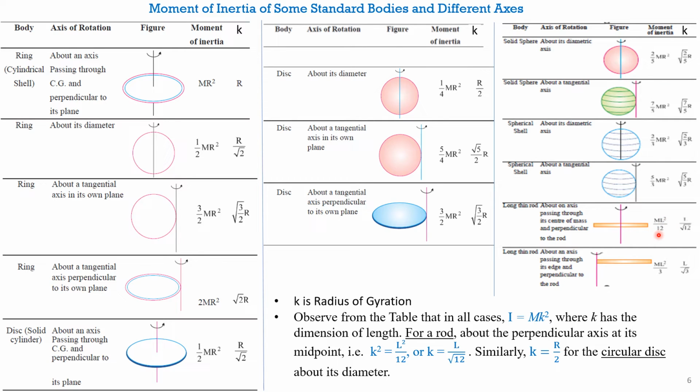Similarly, another case: for a circular disk about its diameter, the moment of inertia is 1 by 4 MR square. Hence, the radius of gyration k is R by 2. Please note it.